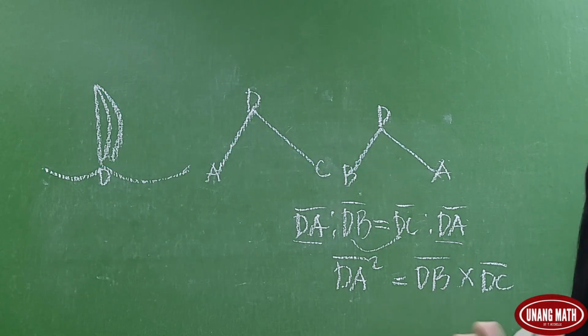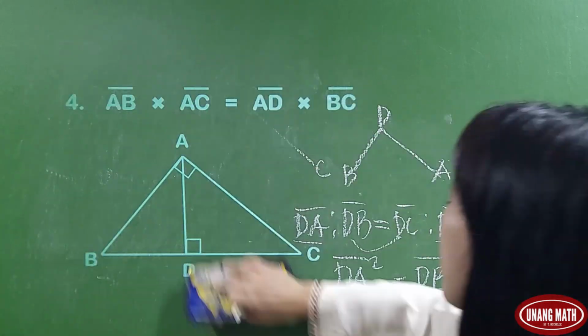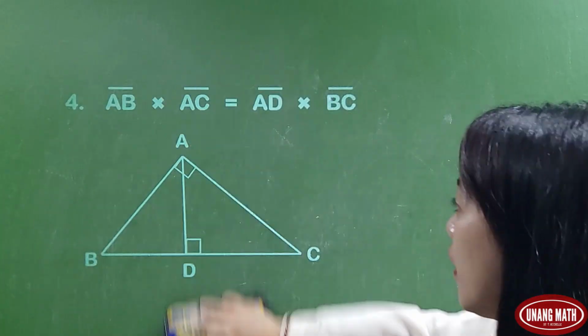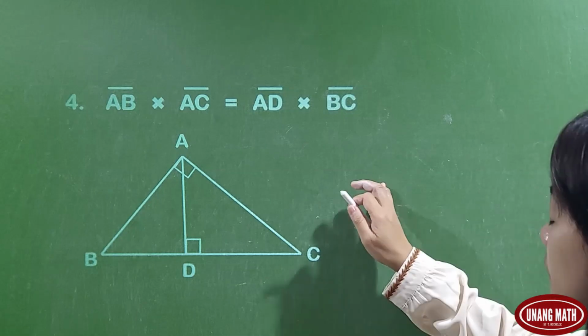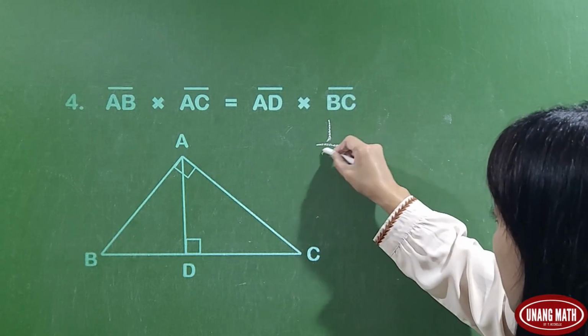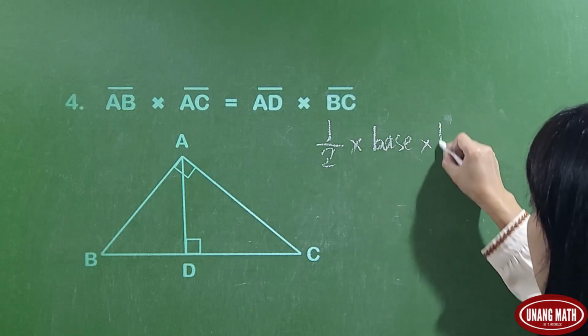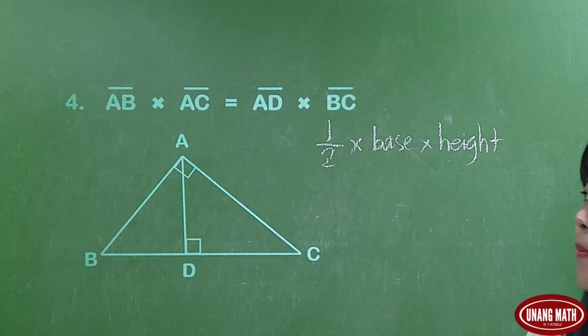For the fourth theorem, I want you to take a look at this figure. If we are trying to find the area of a triangle, our formula is 1/2 times the base times the height of the triangle.